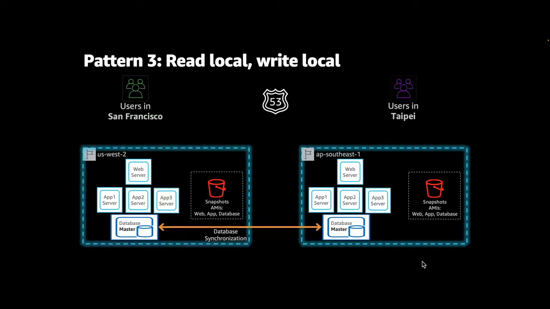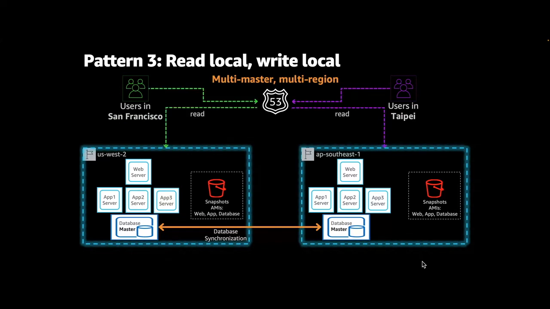And also there is the option to read local and write local. For that particular one, a good approach would be to leverage things that are available out of the box, like DynamoDB global tables, because it allows you to write and read at the same time with a multi-master database. So you don't need to think about synchronization because there is an infrastructure that replicates the data in just a matter of milliseconds.